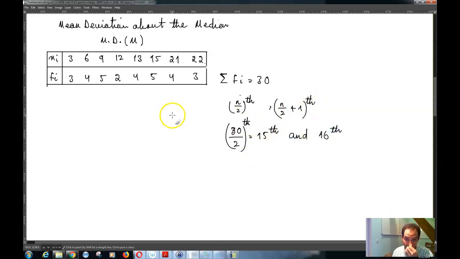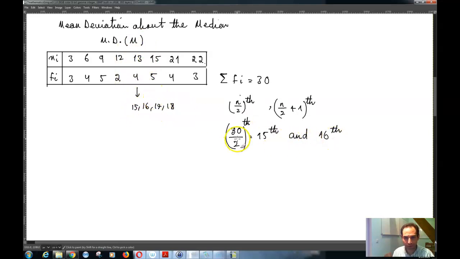Now the 15th and 16th observations are going to be over here. That's 7, 12, 14. Then you have your 15th and 16th, 17th and 18th observation here, because you have 4 observations here.